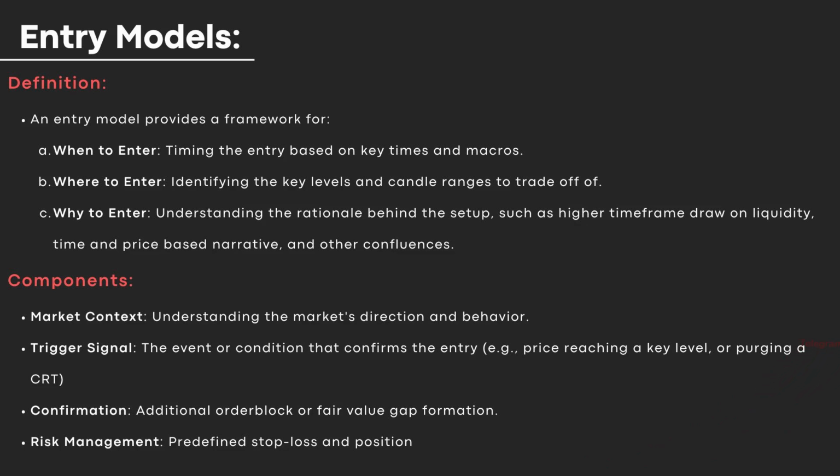The next main component of an entry model is the confirmation. After the trigger, you need confirmation before entering the trade because this confirmation reduces false entries and improves your accuracy and precision. Now, you can also enter a trade without a confirmation, in the form of a turtle soup entry, but that is more suitable for advanced traders.